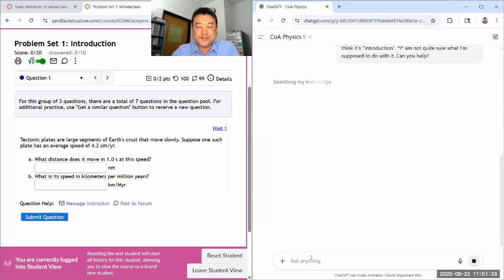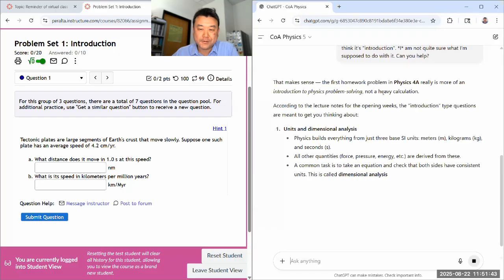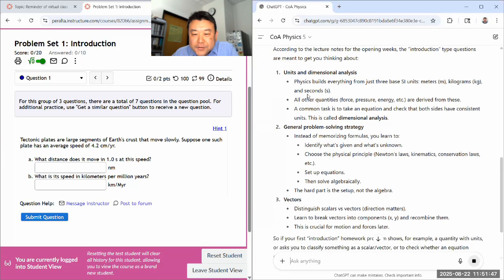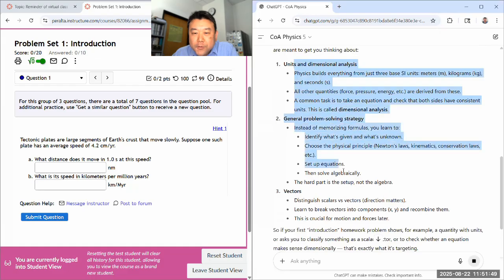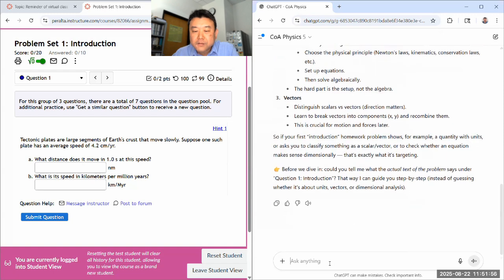Let me see if it'll just answer the whole thing. It might not. We'll see. Yeah, introduction to physics problem solving. So that feels like way more information than is helpful right now. Okay.